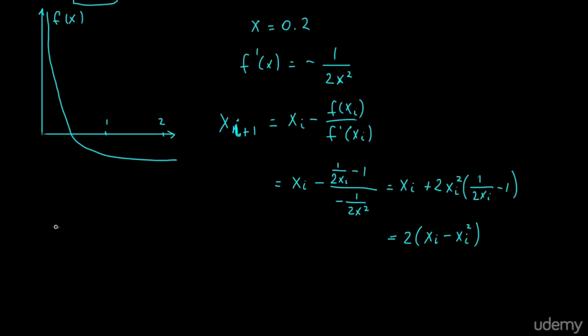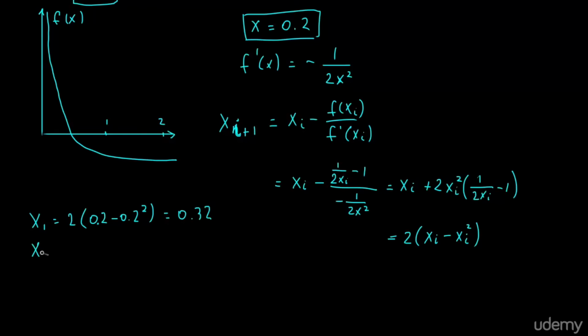So first of all, we're going to plug in our initial guess, which is 0.2. So we're going to say that x1 is equal to 2 times 0.2 minus 0.2 squared, and that's going to be about 0.32.